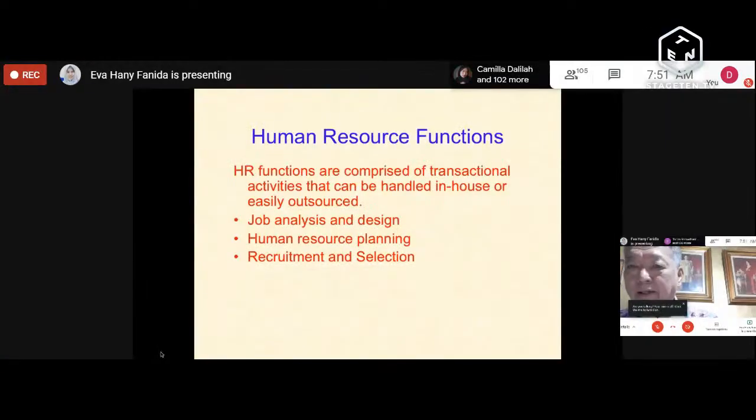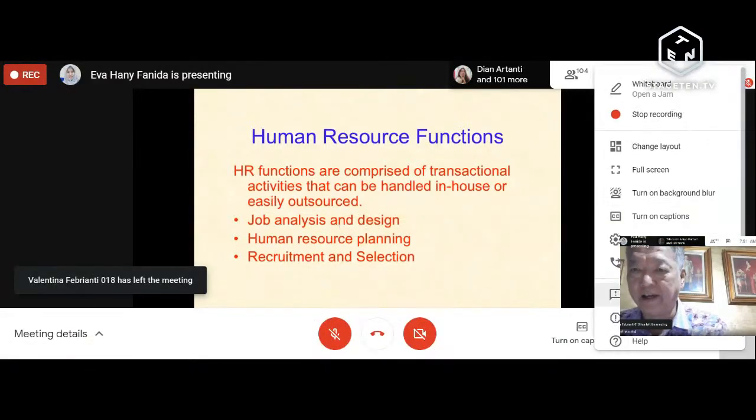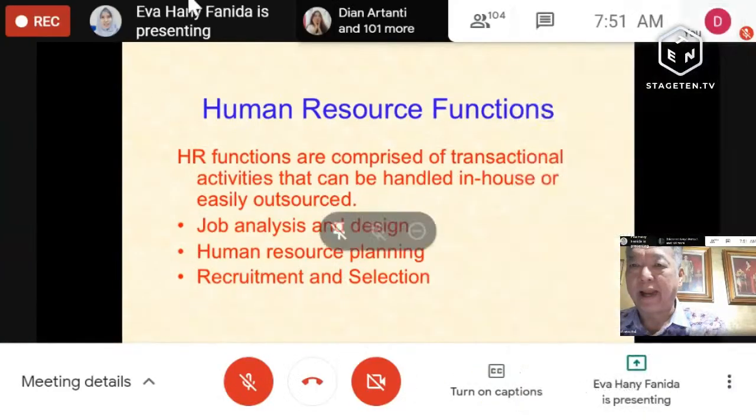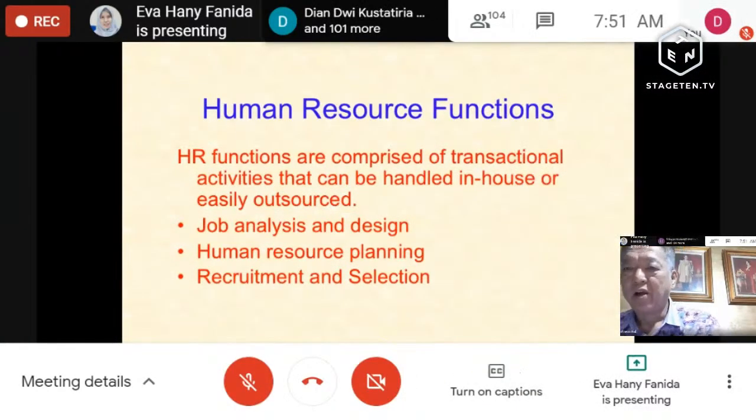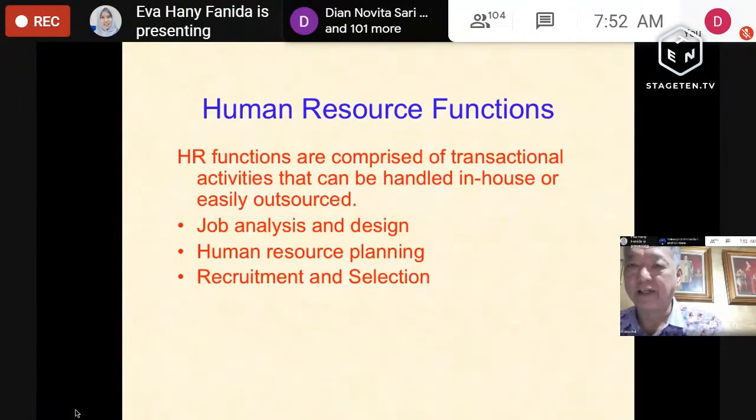If we have good tools to draw their attention to apply to our organization, and good methods to select them, we can get good people to work for us. So that is the third function. Okay, go to the next function.